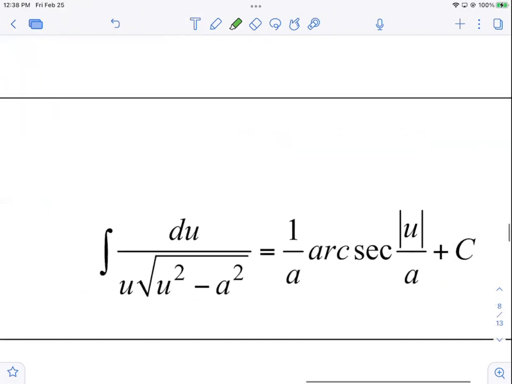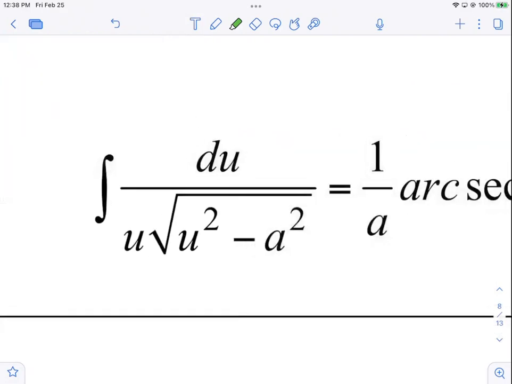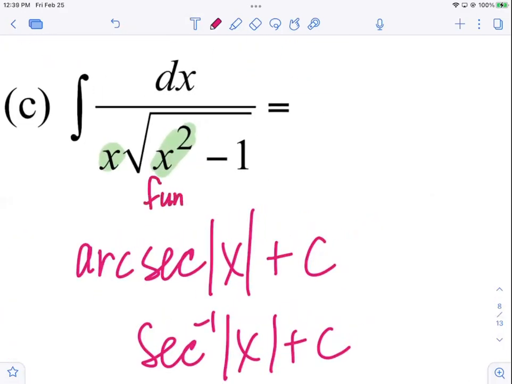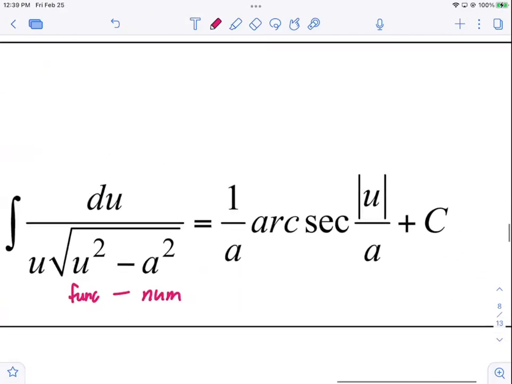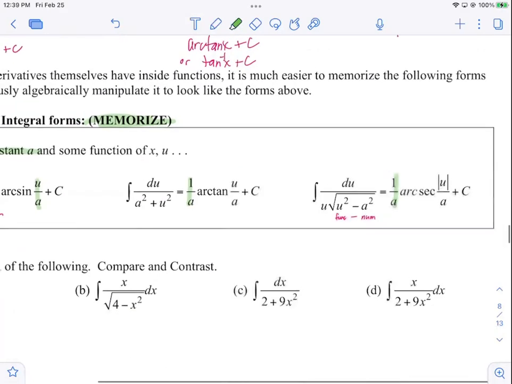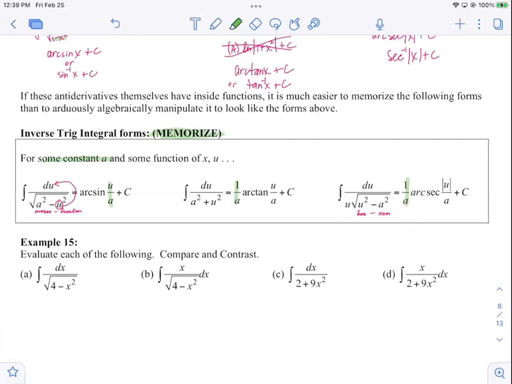And then arc secant, if you see u square root of function minus number, well, that looks a lot like this one. X squared minus 1 was function minus number. Then it's going to be arc secant of the absolute value of u over a, and it also has a 1 over a in front. So you don't need to memorize the other three because they're just going to be negative versions of this.